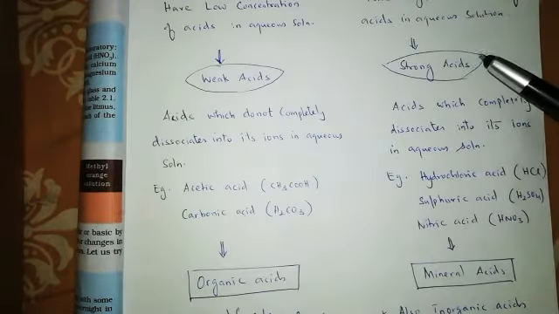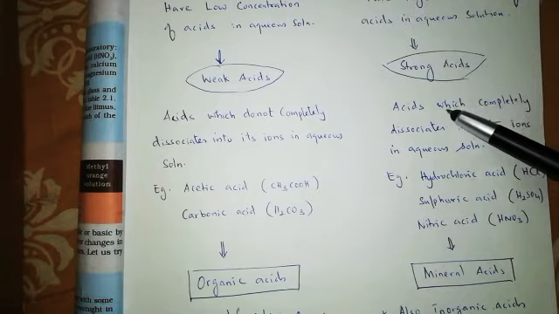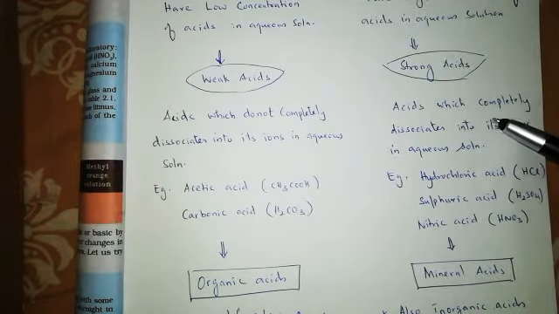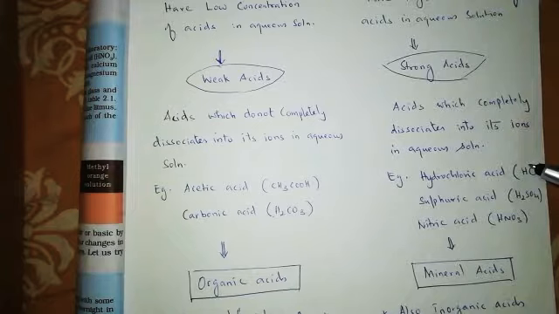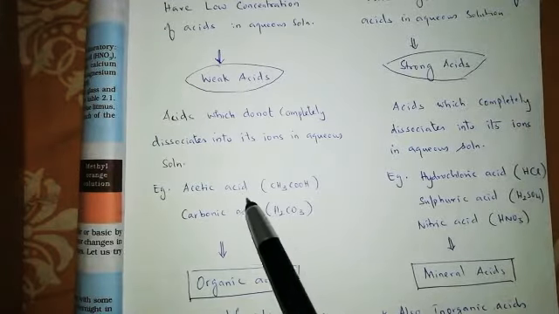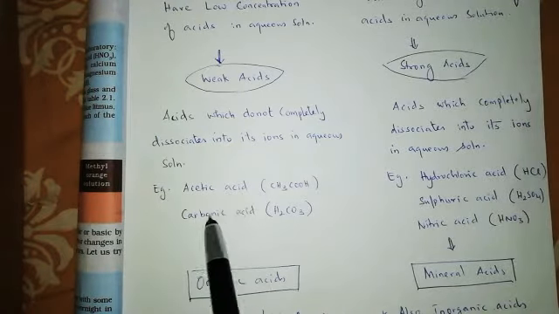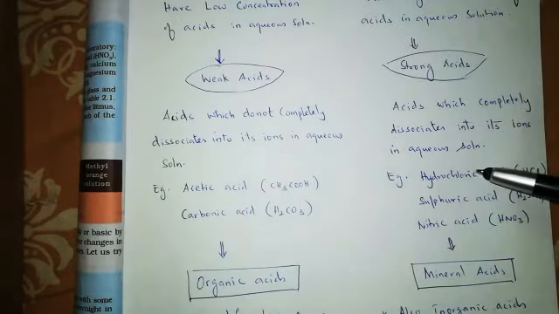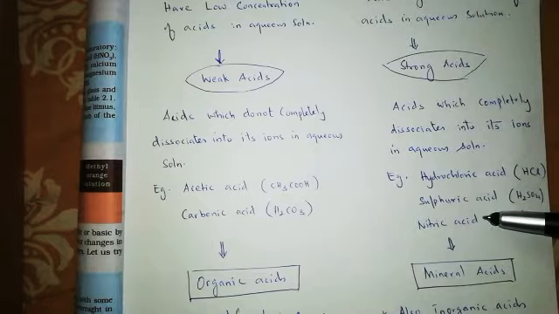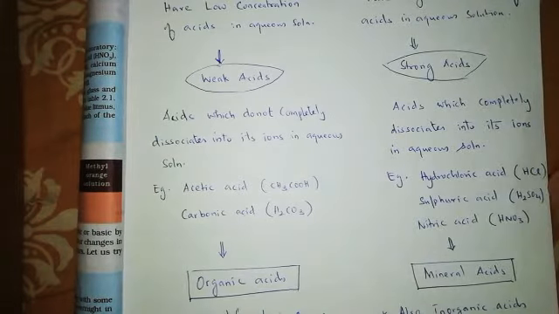But strong acids are acids which completely dissociate, in other words, completely give out their H plus ions. For strong acids, hydrochloric acid, sulfuric acid, and nitric acid are some of the examples.